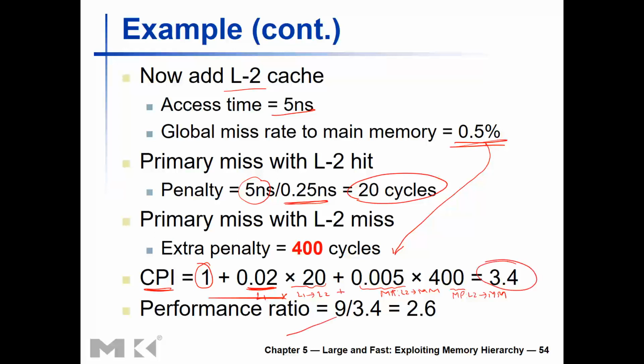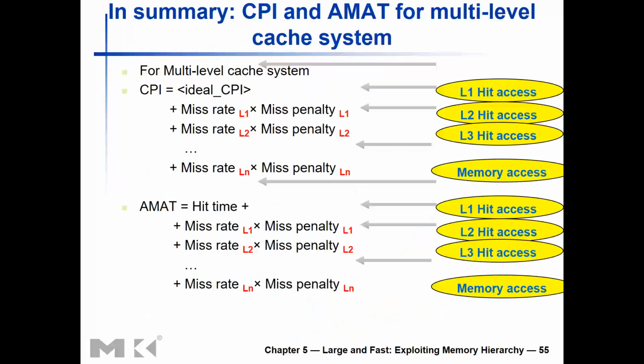Notice with one level of cache, I was having 9 cycles. With 2 levels, I'm having 3.4. Obviously, a great improvement for speed. Notice as well that here when I compute either the CPI or the average memory access time, I start with the ideal CPI and I add those miss rates.